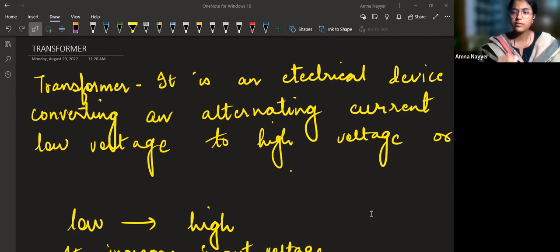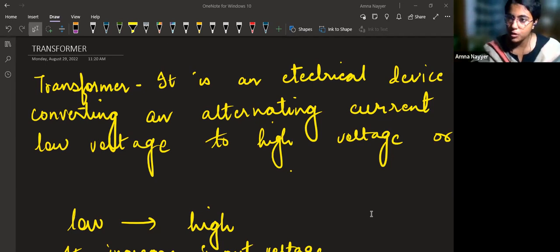If alternating currents are changed from low voltage to high, it's like from something low, you are stepping it up, raising the voltage. Something that is rising up. These types of transformers are known as step-up transformers.